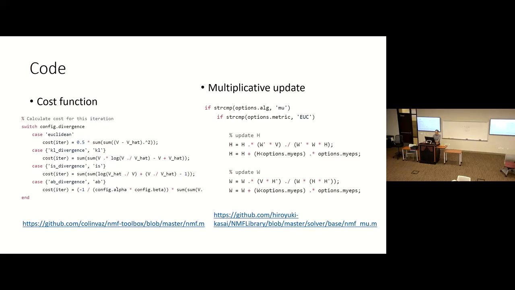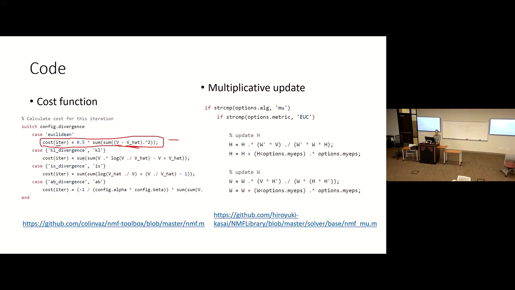So this is inside the source code. You will see, if you decide to use Euclidean distance, this is the cost function setup. So in every iteration you get V minus V hat, where V is the original observation and V hat is your product of W and H. You want to approximate it, so you want to make this small.